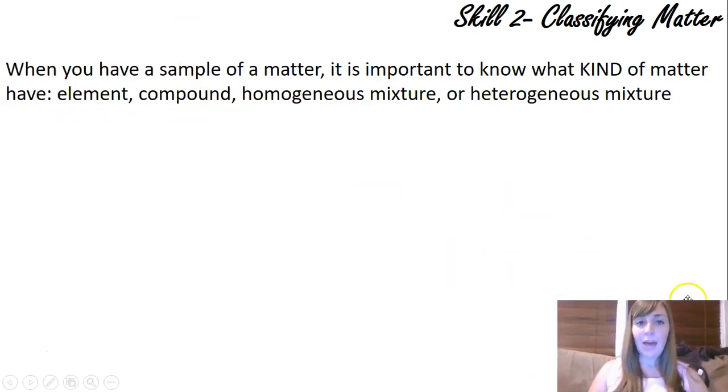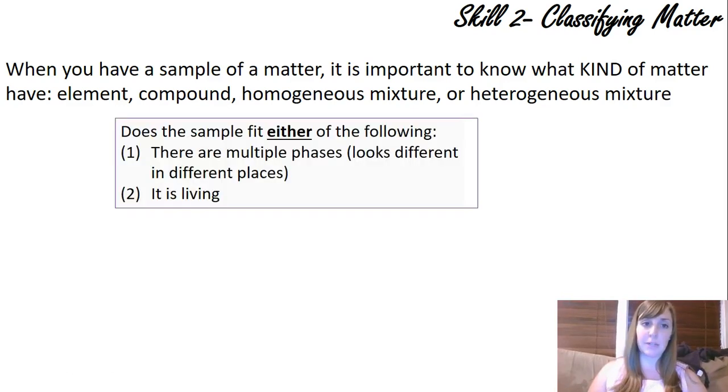Alright, so when you have a sample of matter, it's important to know what kind of matter you have, whether it's an element, a compound, a homogeneous mixture, or a heterogeneous mixture. So the first thing you want to ask yourself is, does the sample fit either of the following? 1. There are multiple phases, as in it looks different in different places, because each place where it looks different is considered a phase, or 2. is it living?